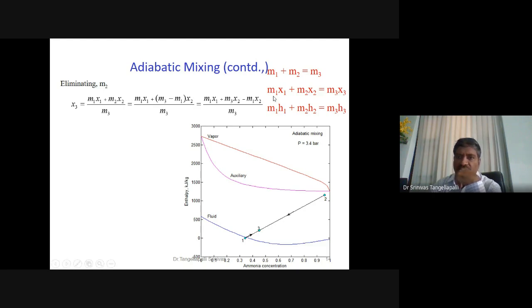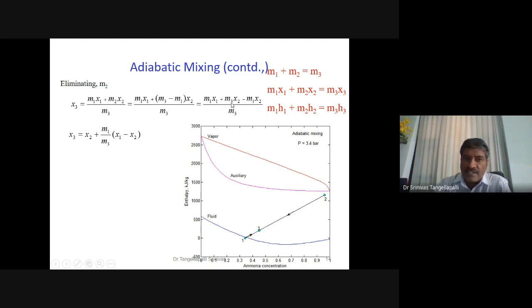X3 is equal to M1 X1 plus M2 X2 by M3. In place of M2, we are writing M3 minus M1. That means M3 X2 minus M1 X2, all over M3. Is there any cancellation here?